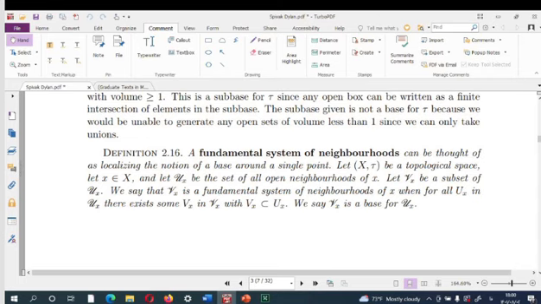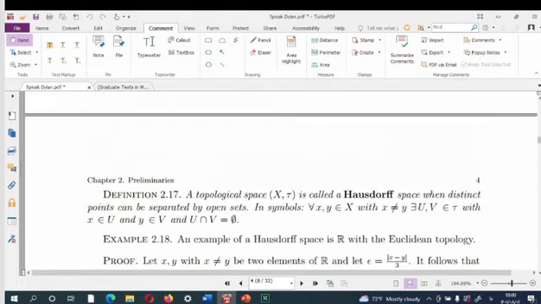We say that V_x is a fundamental system of neighborhoods when we have this property: for each U_x in U_x there exists an element of V_x with this property.